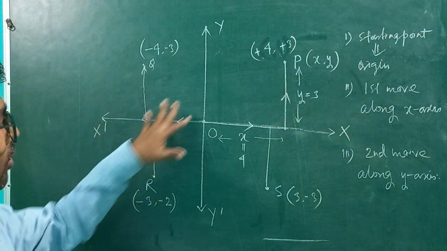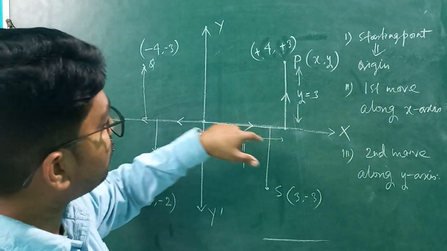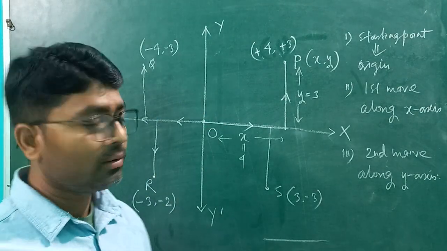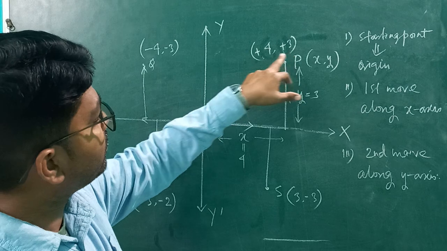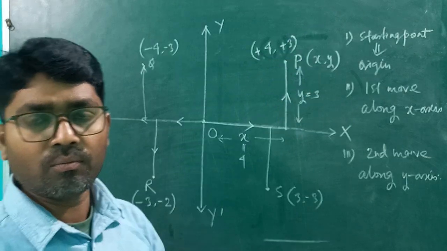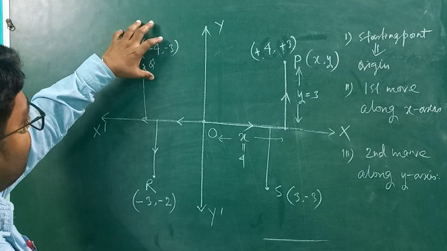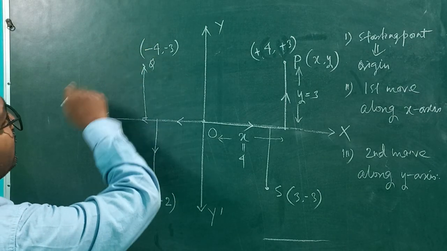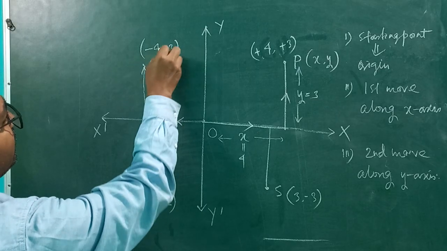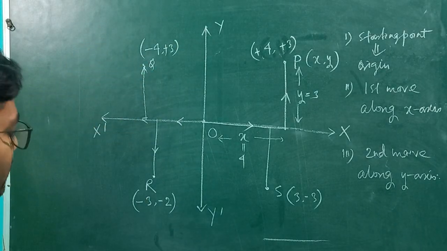See, the coordinates of the points are as per the convention of our signs. This point lies in the first quadrant, so its coordinate is plus 4, plus 3. Both coordinates are positive. As it lies in the second quadrant, its coordinate is minus 4, sorry, this one is plus 3, because of the upward direction.